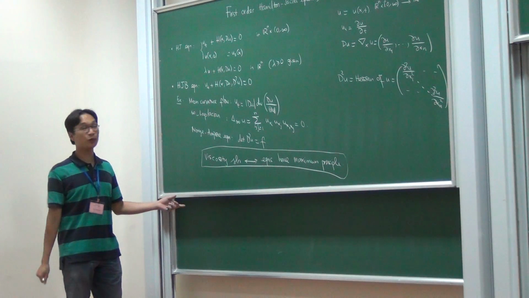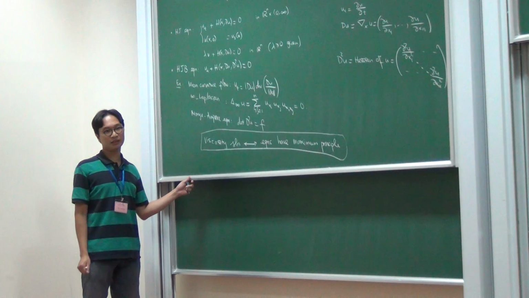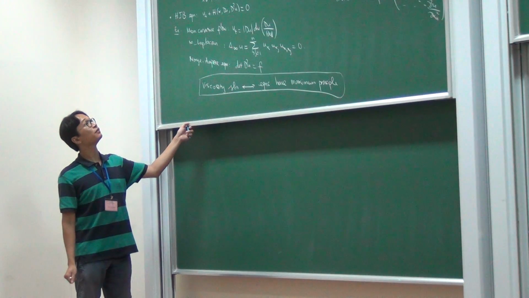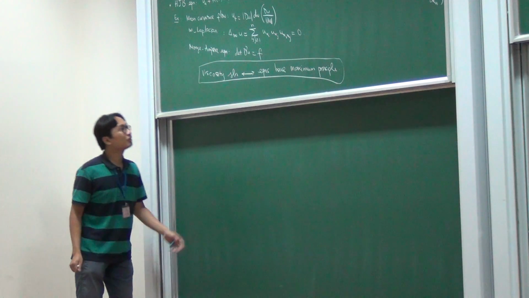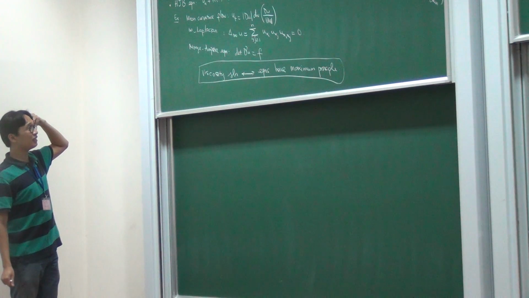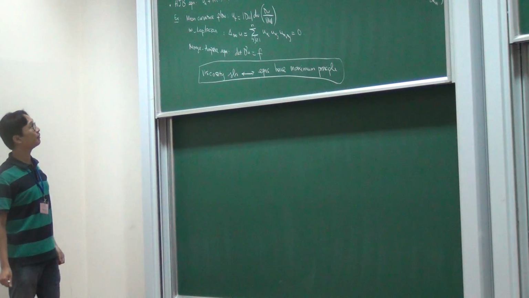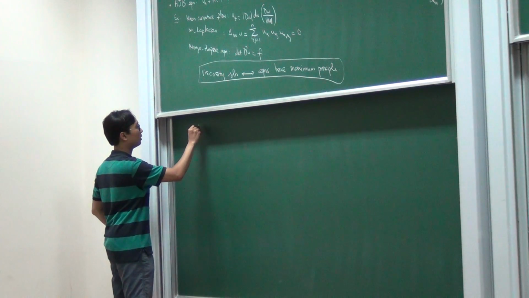If you have equations that don't have a maximum principle, there's no theory of that in terms of viscosity solution. Okay. There are also a lot of other related equations, but I just want to sketch some examples and stuff like that.